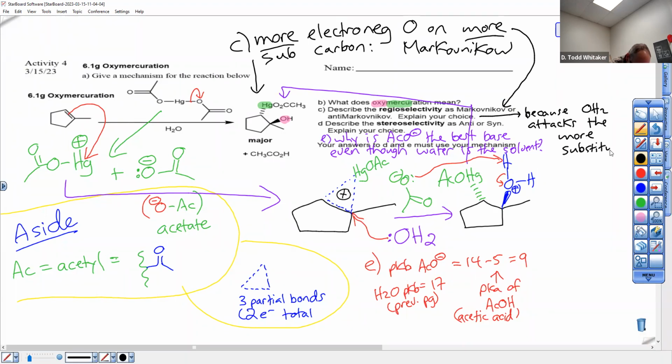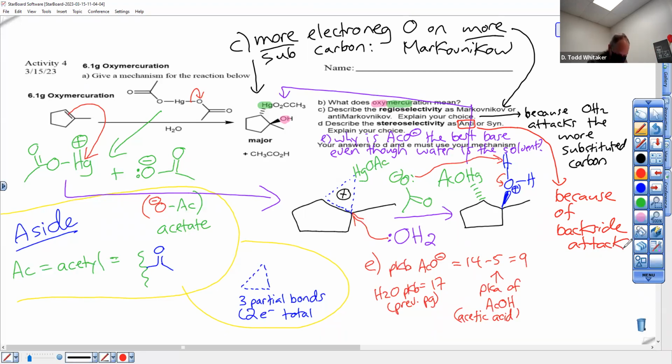I better write substituted carbon. And stereoselectivity is anti because of, thanks, he said backside attack. I think we got all the points there.